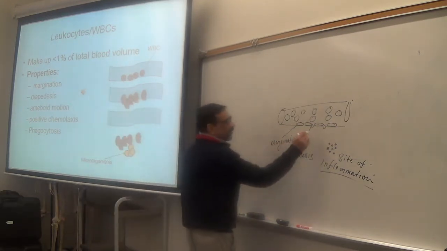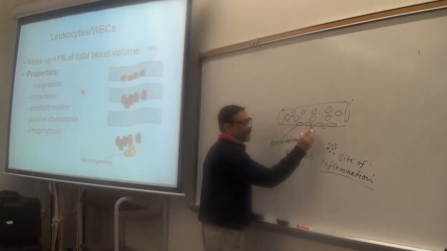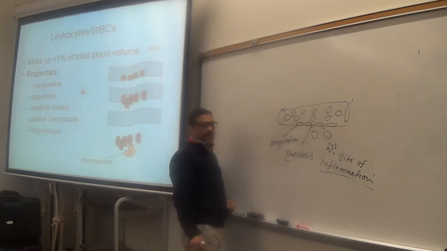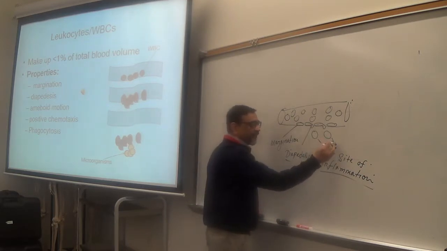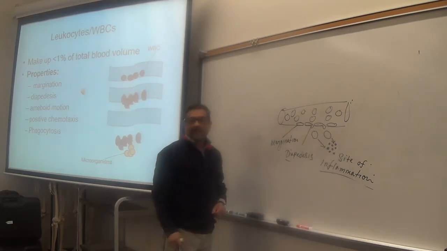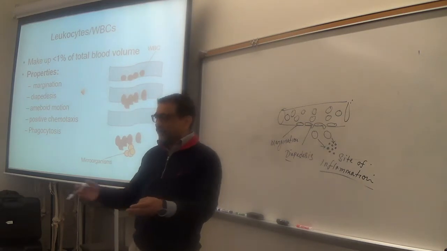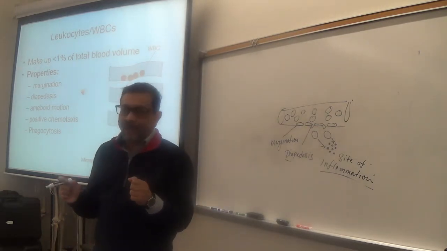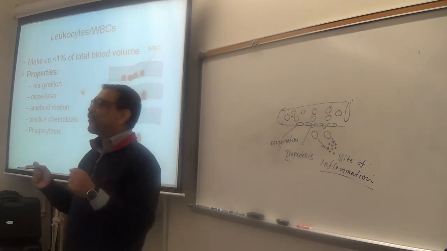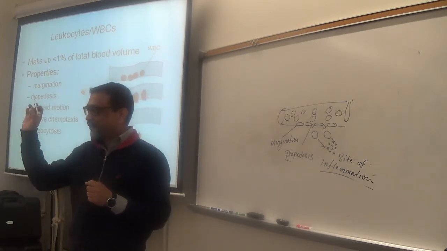And then eventually they will get out and start to move towards the site of inflammation. Now the question is how they will move. They will move like amoeba. Have you heard amoeba?